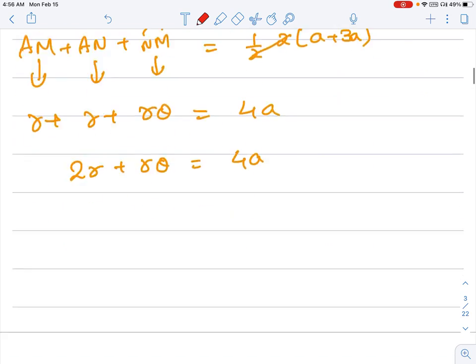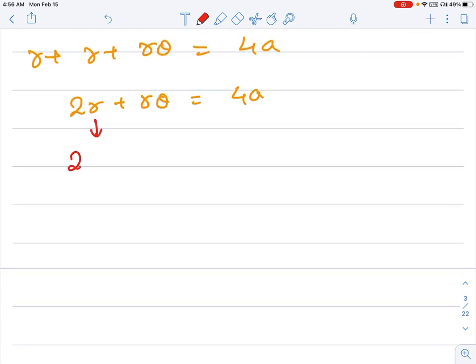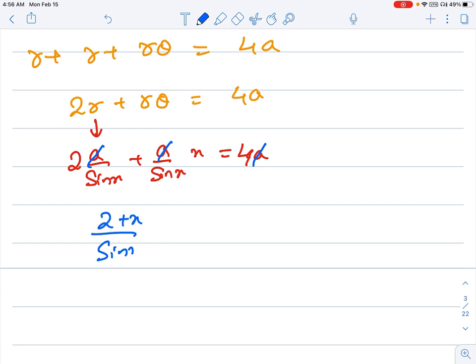So plug in r is equal to A upon sine x. r is A upon sine x plus r is A upon sine x, and theta is x, is equal to 4A. We can see that A cancels. So (2 plus x) upon sine x is equal to 4. Swap them. So I get sine x is equal to 1 upon 4 times (2 plus x).